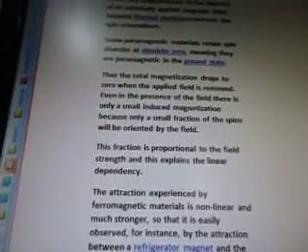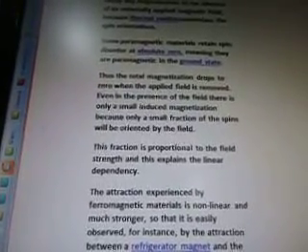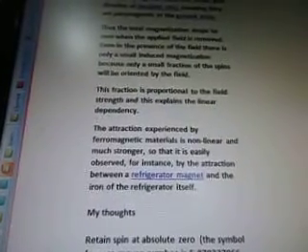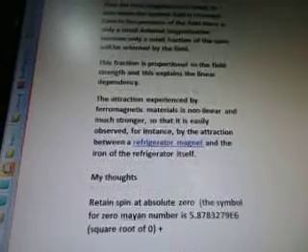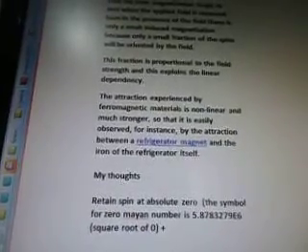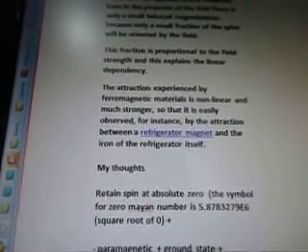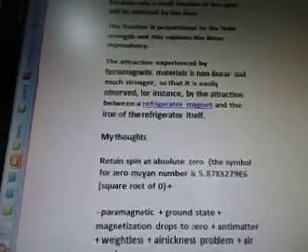Even in the presence of the field, there is only a small induced magnetization because only a small fraction of the spins will be oriented by the field. This fraction is proportional to the field strength, and this explains the linear dependency. The attraction experienced by ferromagnetic materials is nonlinear and much stronger, so that it is easily observed, for instance, by the attraction between a refrigerator magnet and the iron of the refrigerator itself.